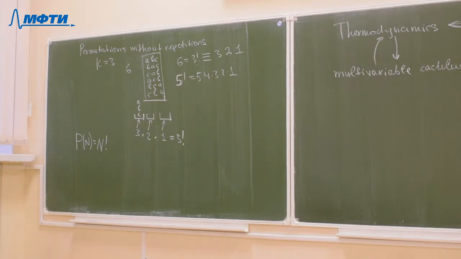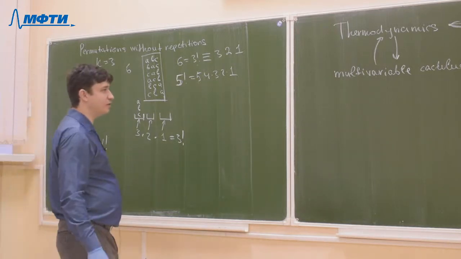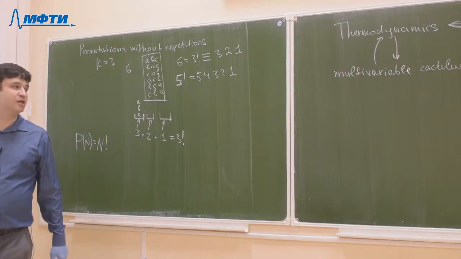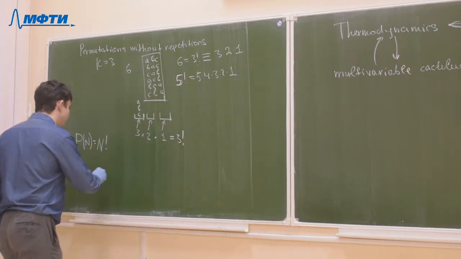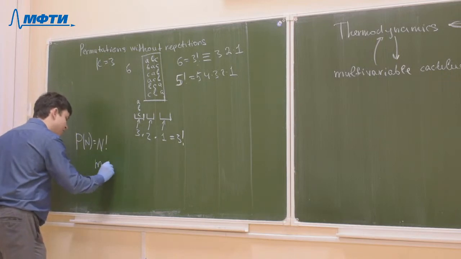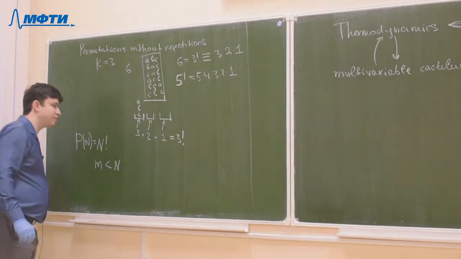Okay, the next step is to calculate the number of permutations if we have only m elements, which is less than n.